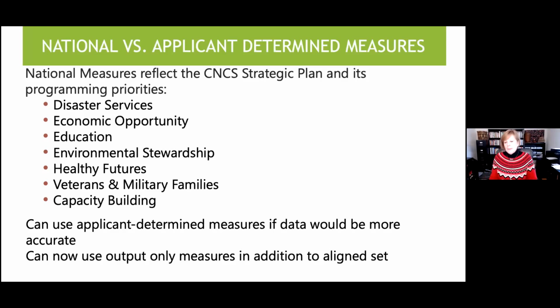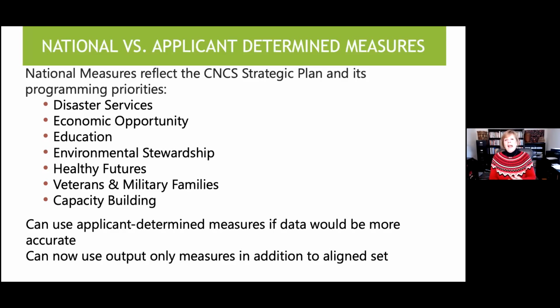data to be able to make some kind of a case for Congress: okay, here's what we're doing with this program called AmeriCorps, and here's why you should continue to fund it because it's doing all this great stuff. So there are some major buckets that a lot of programs are in.